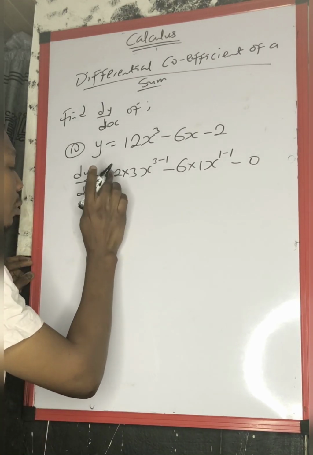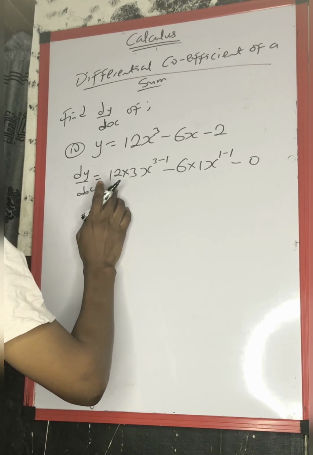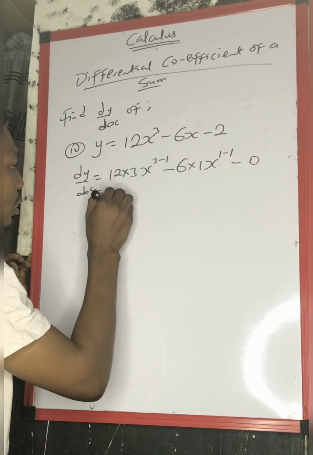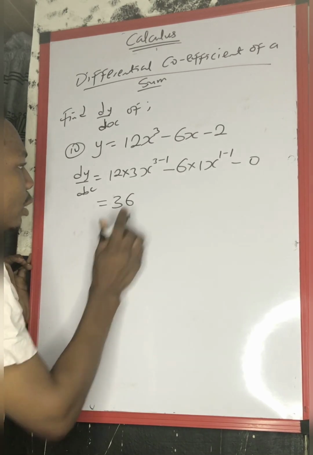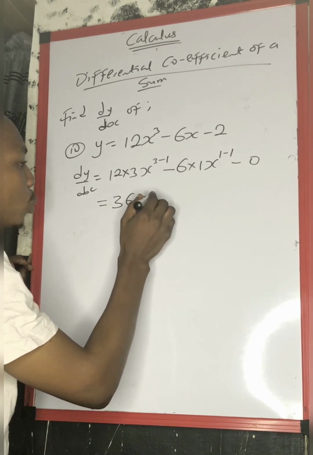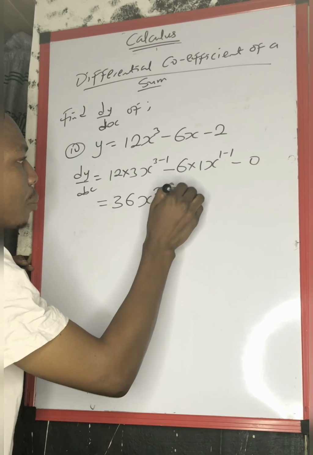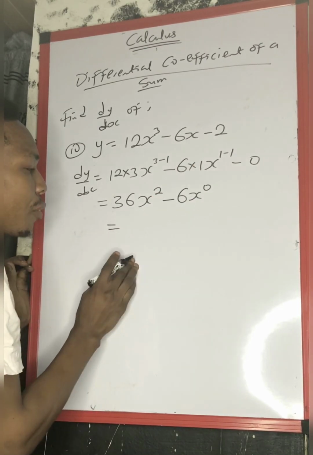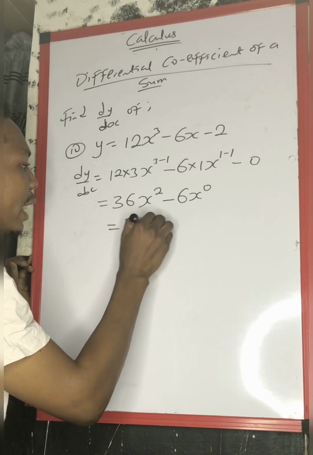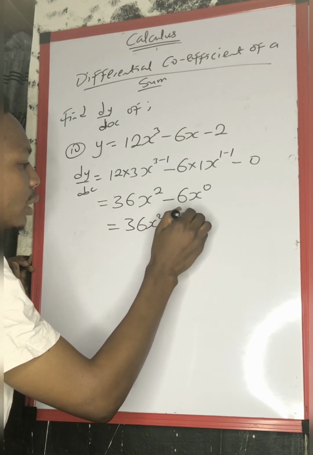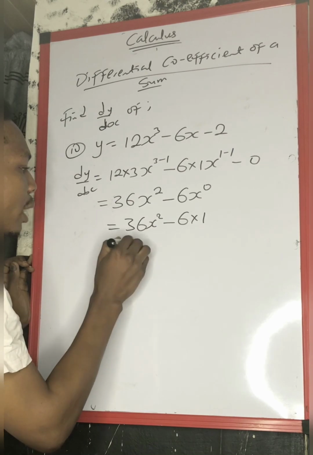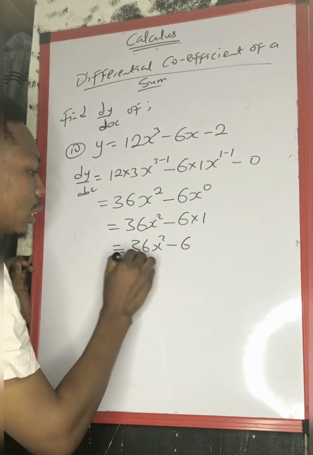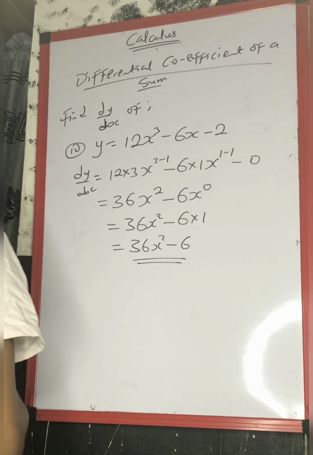So from there, we have 12 times 3, which is 36. Then x^(3 minus 1) gives us 2. Then minus 6x^(1 minus 1) gives us 0. So our final answer becomes 36x squared minus 6 times 1. So it gives us 36x squared minus 6. So that's our answer.